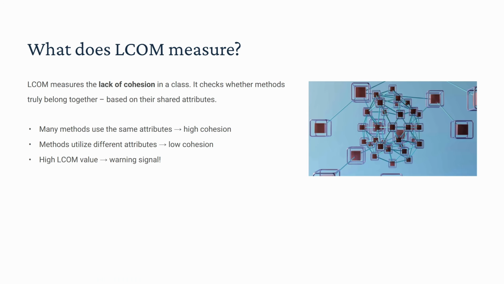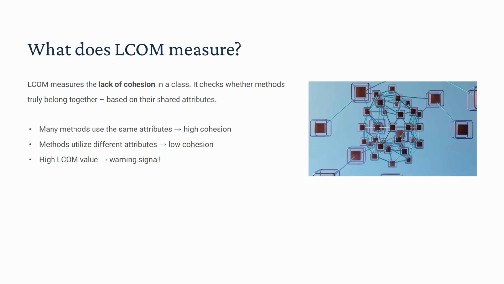Now let's take a closer look at what lack of cohesion in methods, or LCOM, actually measures. The name already gives it away. It's about the lack of cohesion in a class. LCOM tries to make visible whether the methods of a class really belong together or whether they exist more or less independently side by side. But how can we tell if methods have something to do with each other? With LCOM, we use the attributes or instance variables of the class for this purpose.